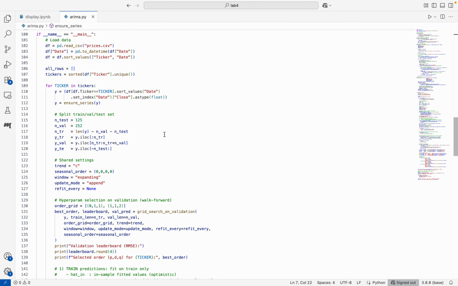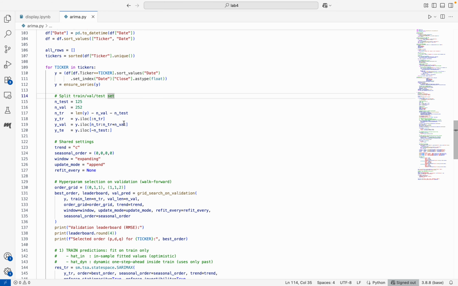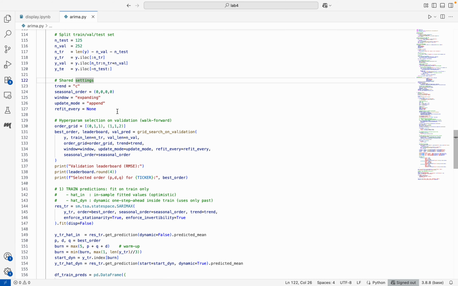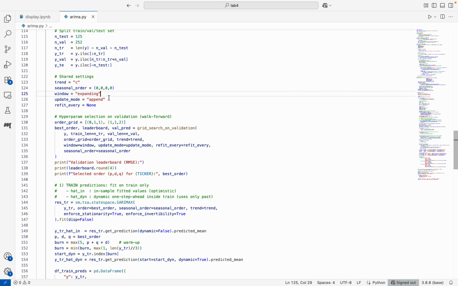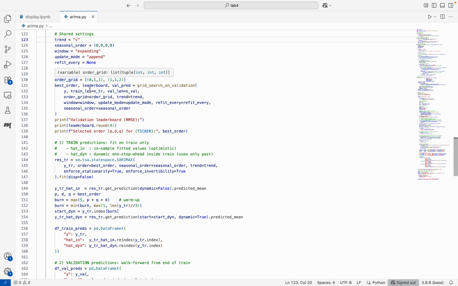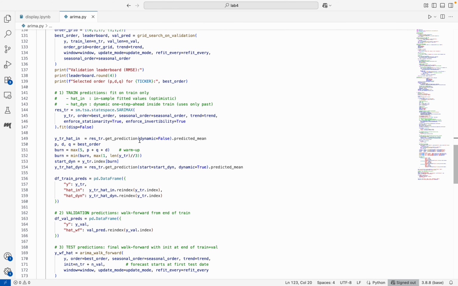So to run this py file, we first load the data and split it into train, validation, and test set. And we shared parameters like the window, the update mode, and the trend, and so on. And then we applied the hyperparameter search on the validation set to select the best parameters.